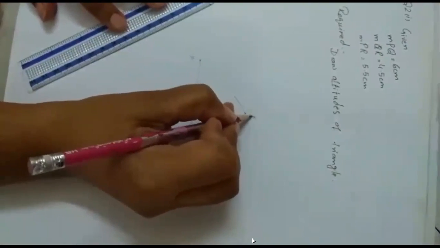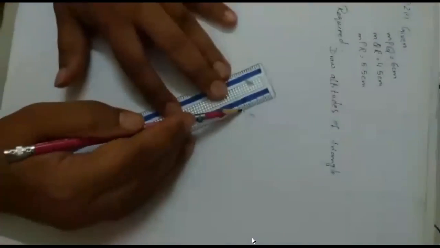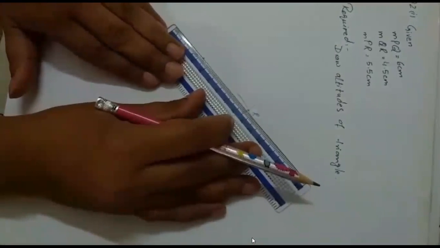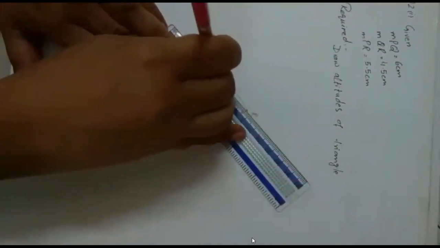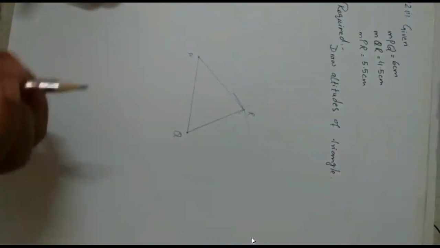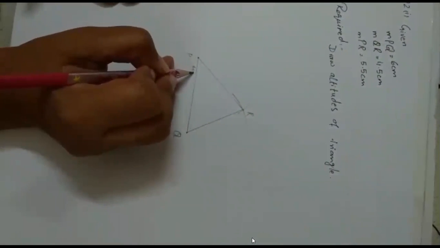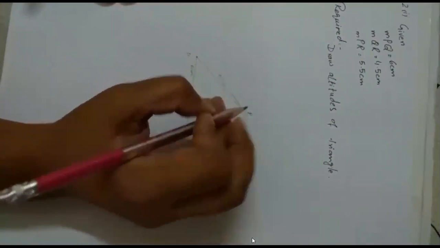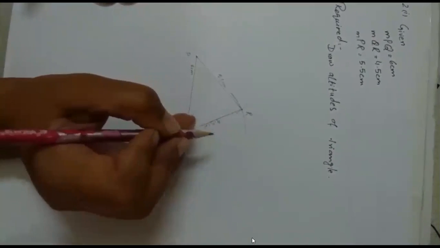This is point R. We join R with Q and R with P. We have a triangle PQR. This is 6 centimeters, this length is 5.5 centimeters and this length is 4.5 centimeters.